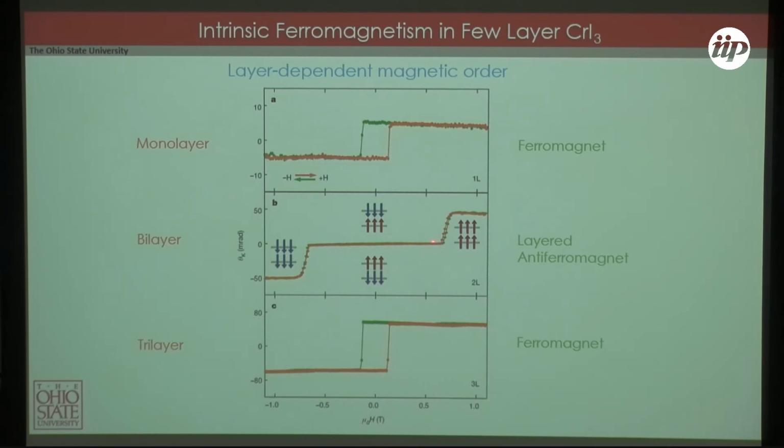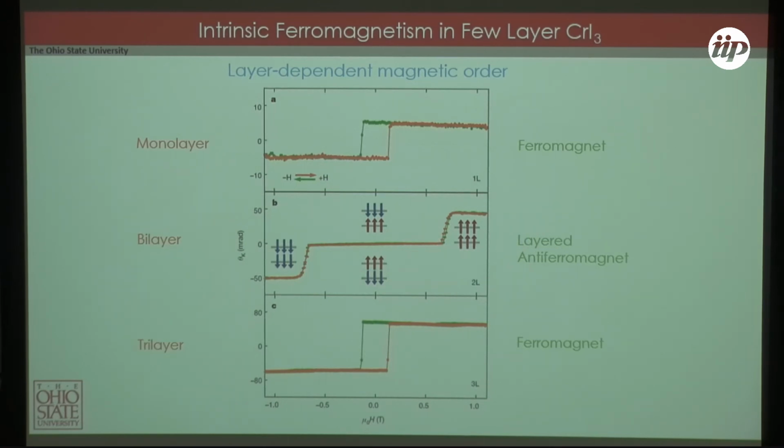You apply a large enough field, it breaks this layered antiferromagnetic coupling, and then they both point in the positive direction, so you get a positive Kerr rotation. If you put a large negative field, you break this coupling, and they become parallel, but downward. This kind of curve is very characteristic, and was seen, for example, in magnetic metal films a while back. But this is very nice.